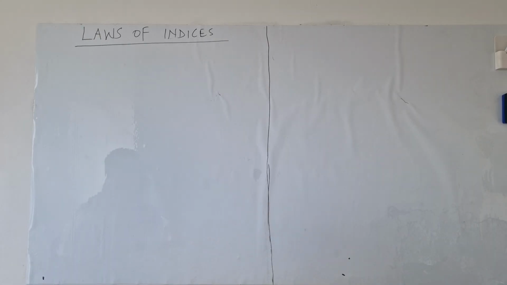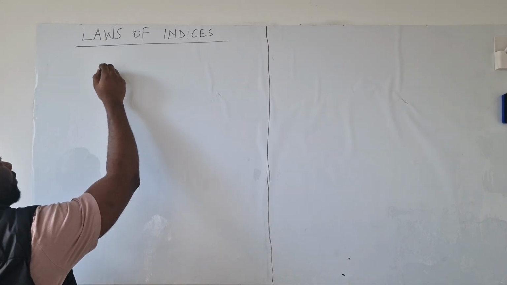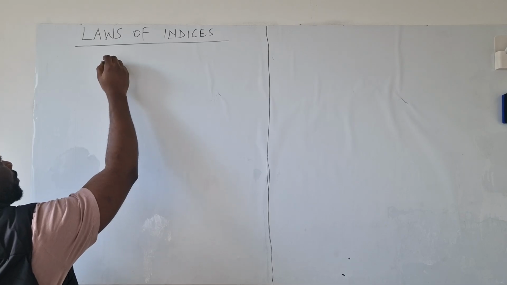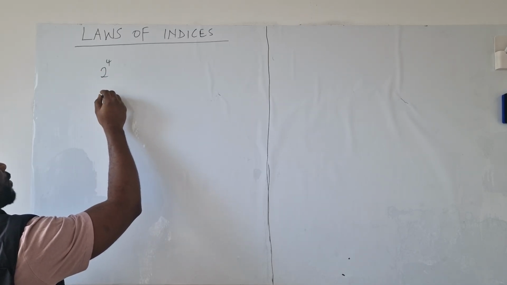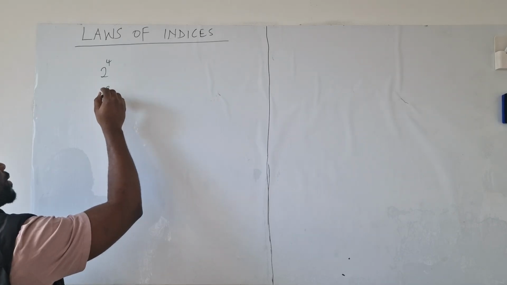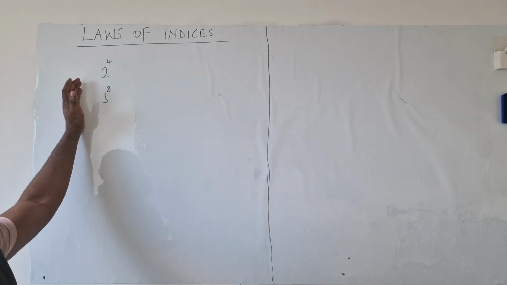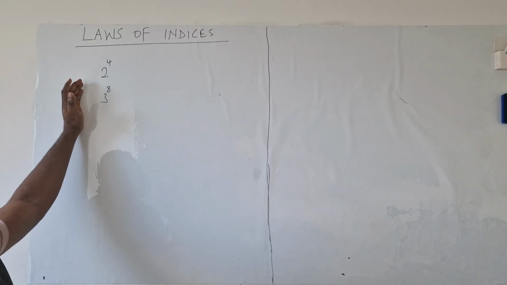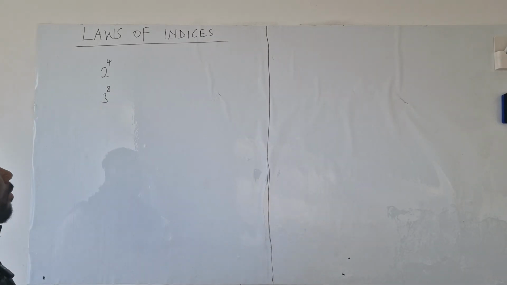Now, we know that numbers written in this form, let's say 2 power 4, 3 power 8, are what we term as the indices numbers or the index numbers.